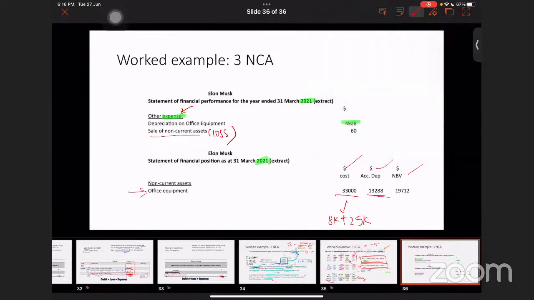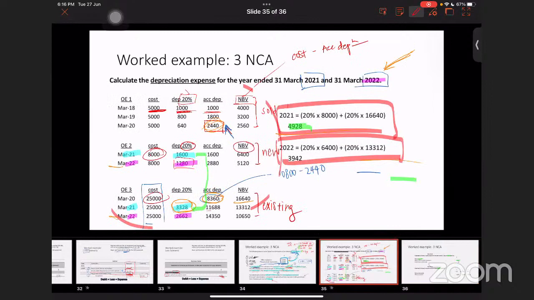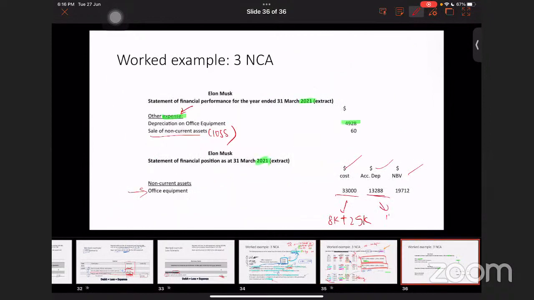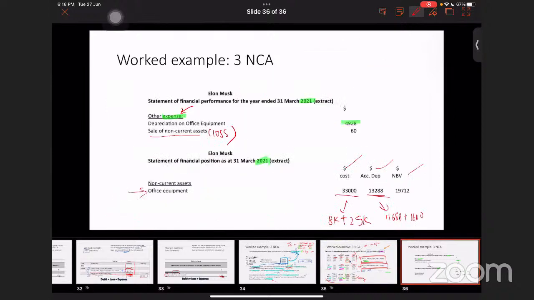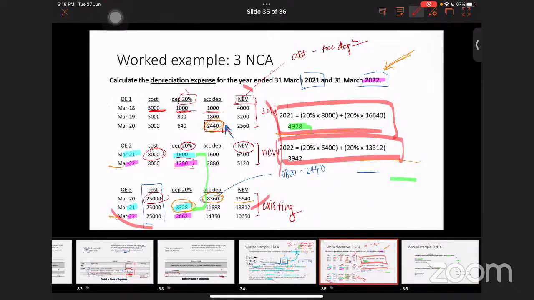Okay, then same thing here, my accumulated depreciation, I will just add them up together. Okay, so 1.6 plus 1,168. 2021.